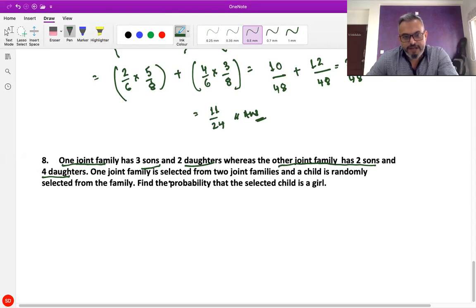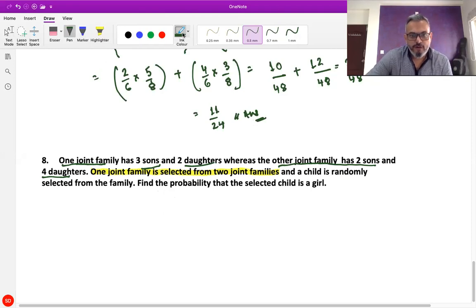One joint family is selected from 2 families. Important. यानी पहले हमने 2 फैमिली में से एक फैमिली सिलेक्ट किया and a child is randomly selected from the family. We have to find the probability that the child selected is a girl.